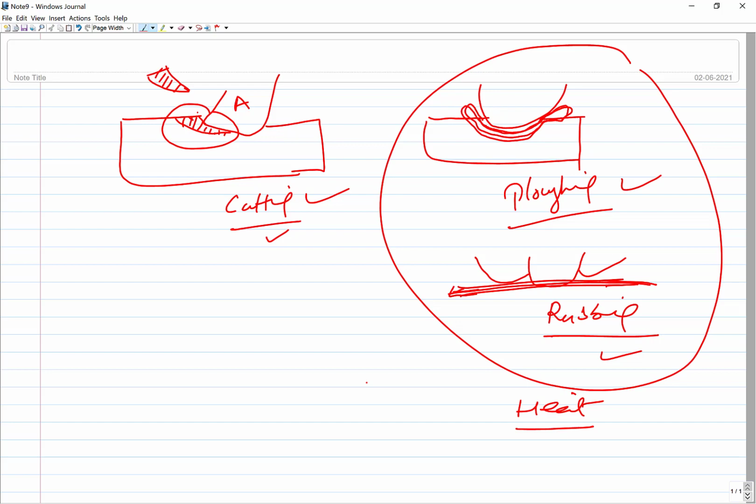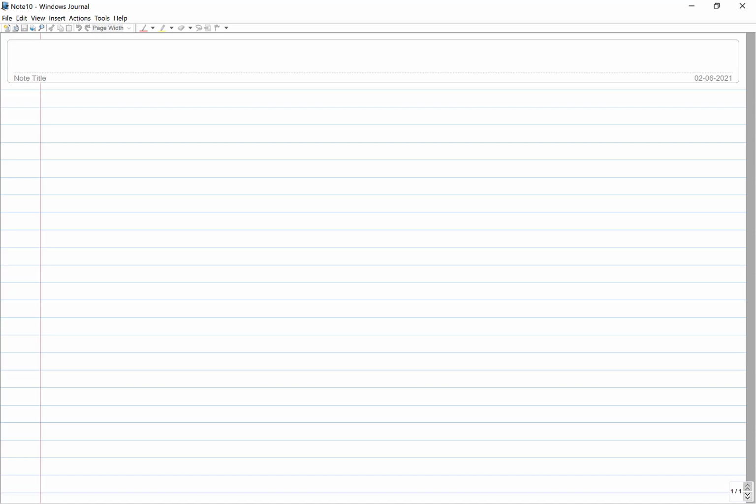So heat comes from these three sources: shearing or cutting, the deformation, and the rubbing or friction. To maintain the temperature within safe limits so that undesirable effects of heat are not observed on the surface of the workpiece, continuous cooling is done, or coolants are applied during grinding. So that was about the interaction only.